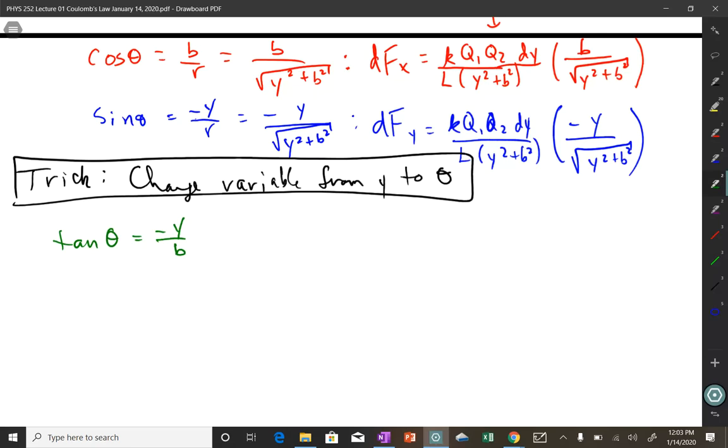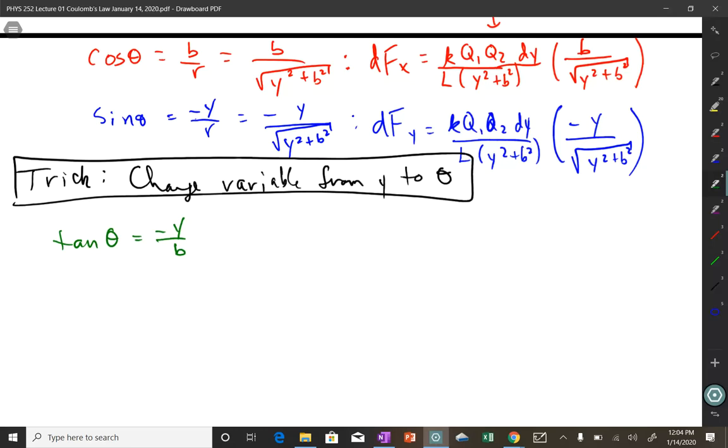Now, of course, we could do that with those too. Sine theta technically had y on top and bottom because y was part of r. Cosine theta had y only on the bottom because it's part of r, but it's in a square root. So this one here is the simplest because it just has y on top.